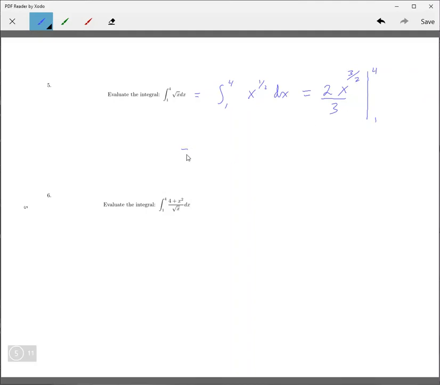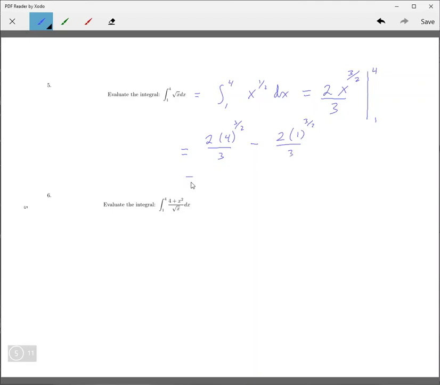Okay, I'm going to plug in the 4 first, and then subtract and plug in the 1, like that.